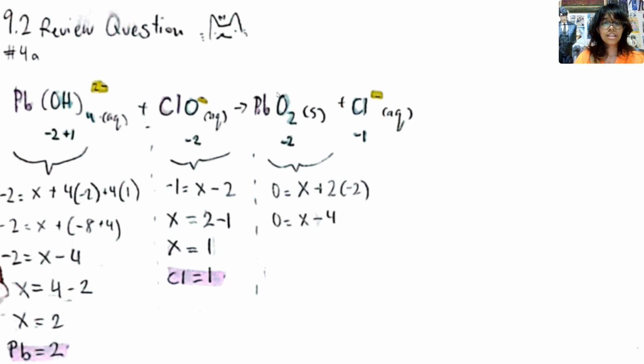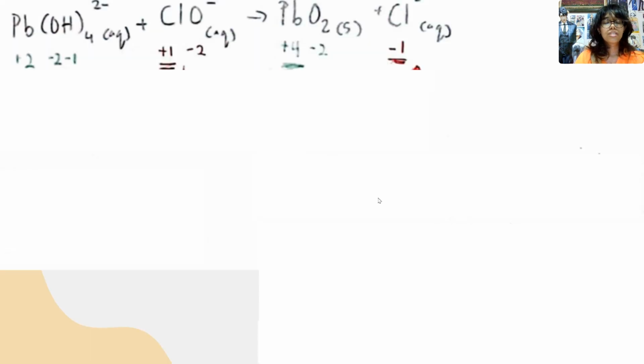This doesn't have a charge, so it's neutral, so we put 0, X for lead, -2 for O2, multiplied by 2, and we get X equals 4, so this lead is +4. Now we have all the oxidation numbers, so we write them down, +2, +1, everything. Oh, sorry, this is +1. I don't know why I put -1.